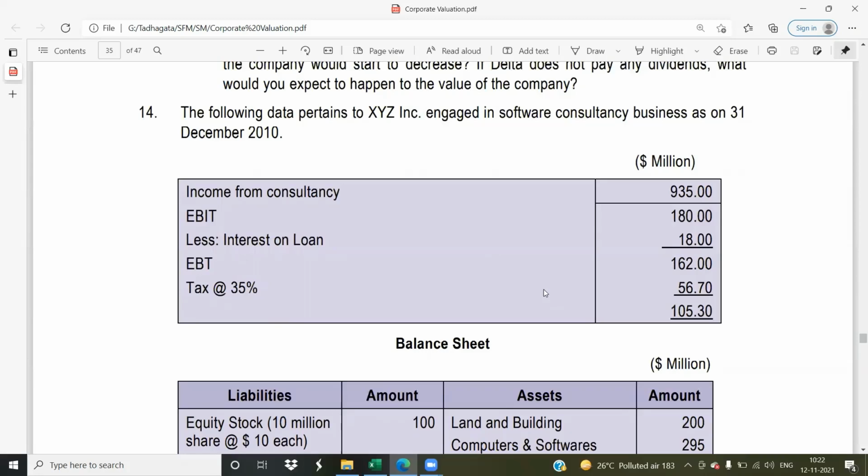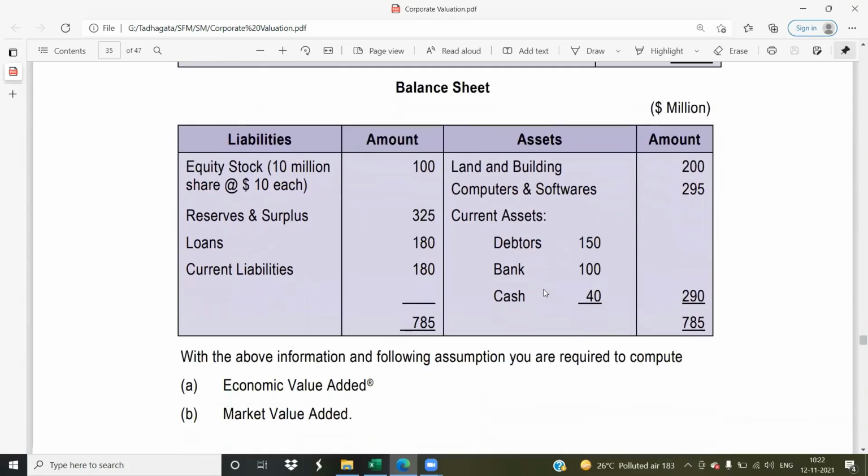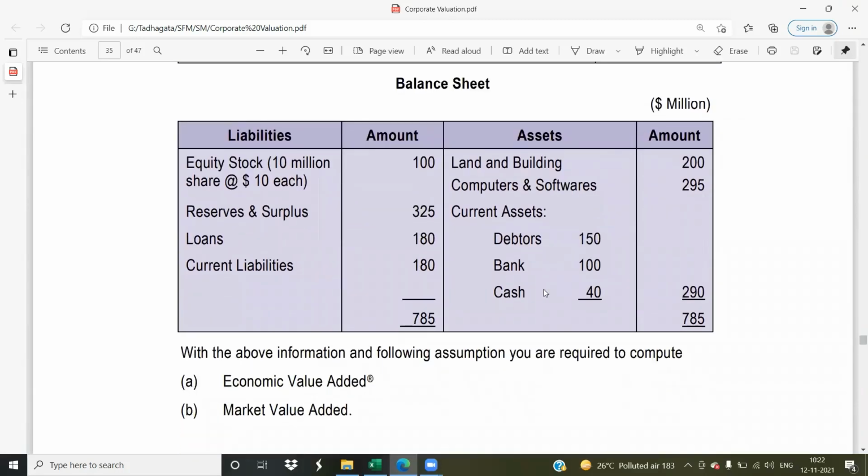You have EBIT less interest on loan. You get EBT and tax rate at 35%. So you get EAT. Then you have the balance sheet: equity, reserves and surplus, loans, current liabilities, land and building, computers and software. You have current assets, debtors, bank, cash, and all. So you need to find out economic value added.